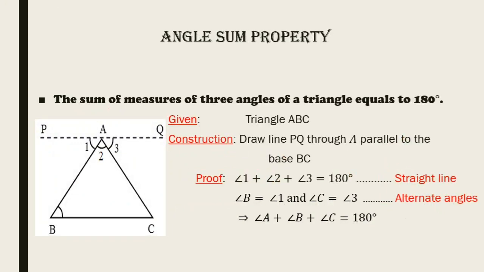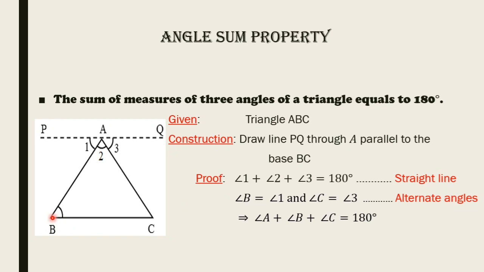Now let's revise angle sum property. It is one of your favorite properties and it is used mostly in many proofs. The sum of measures of three angles of a triangle equals 180 degrees.